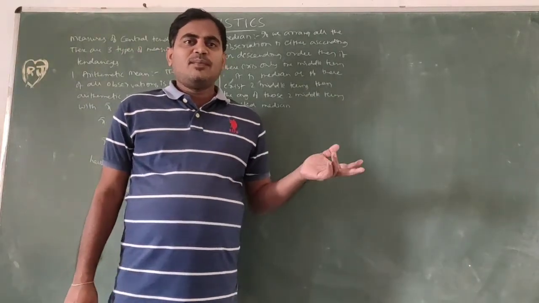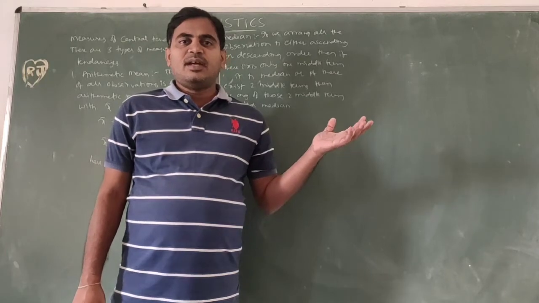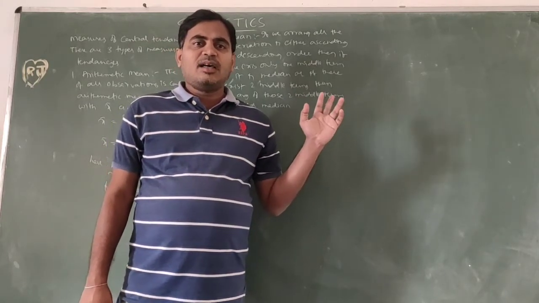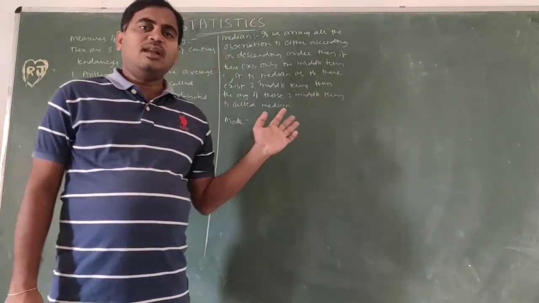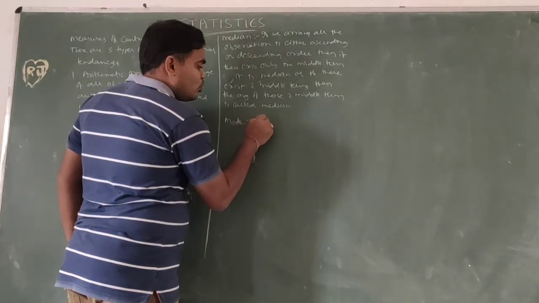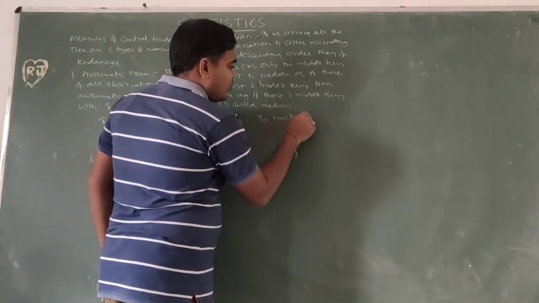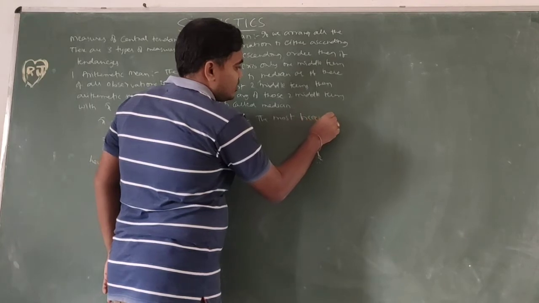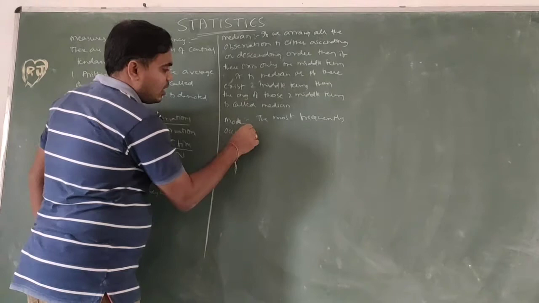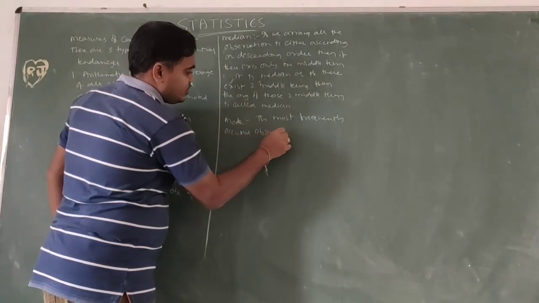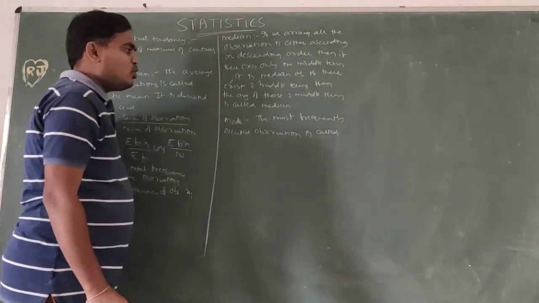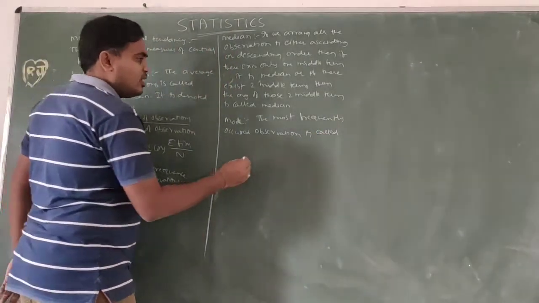If two or more observations are repeated more times and an equal number of times, then all those are modes. The most frequently occurred observation is called mode.